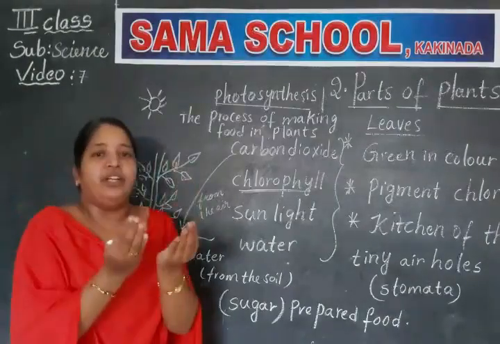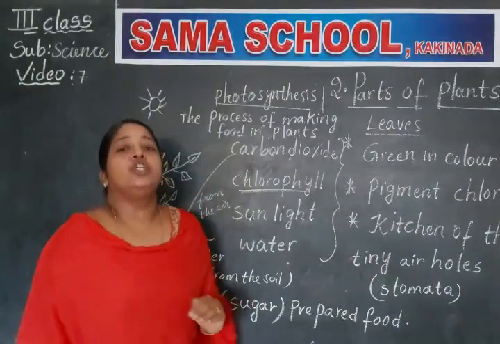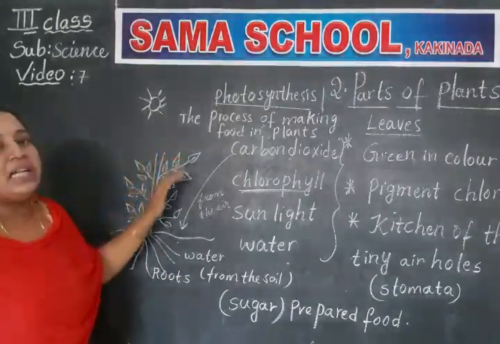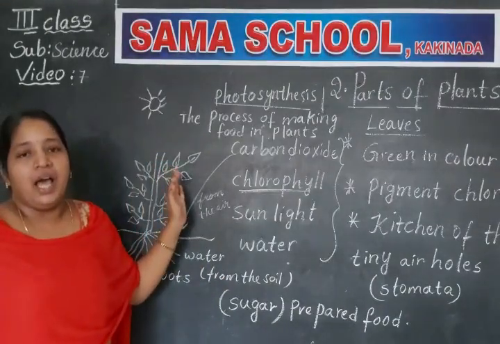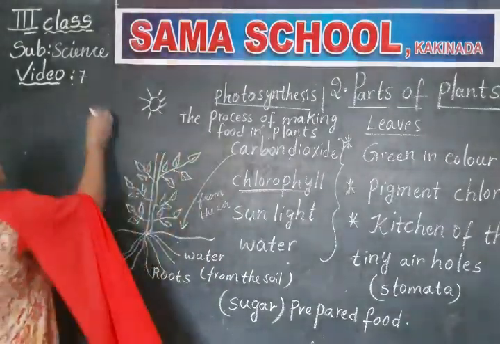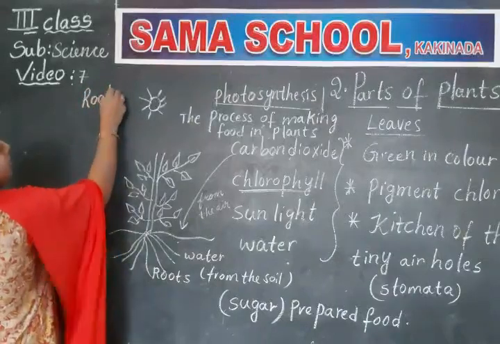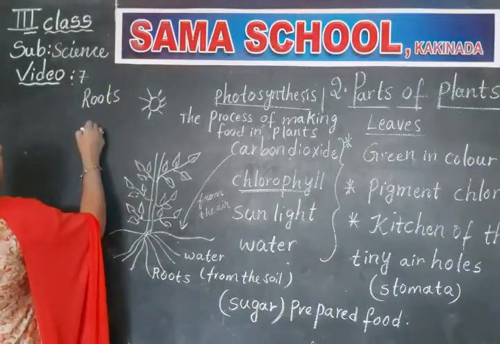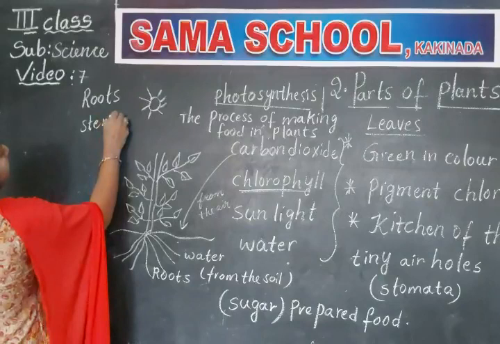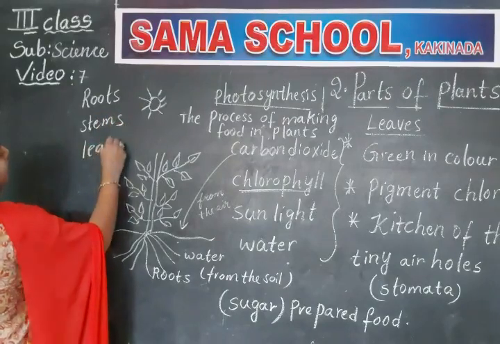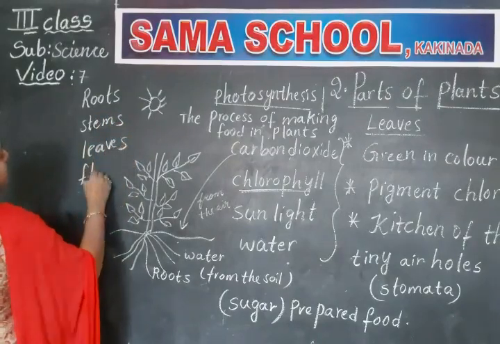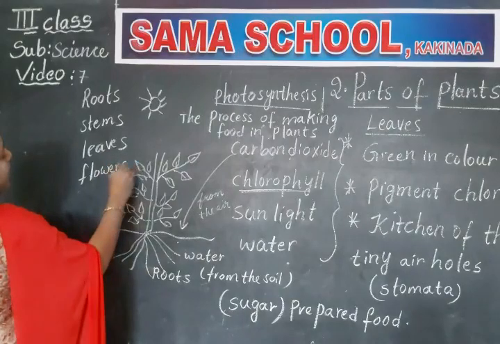And the remaining food is stored in different parts of the plant, such as roots, stems, leaves, flowers, seeds, etc.